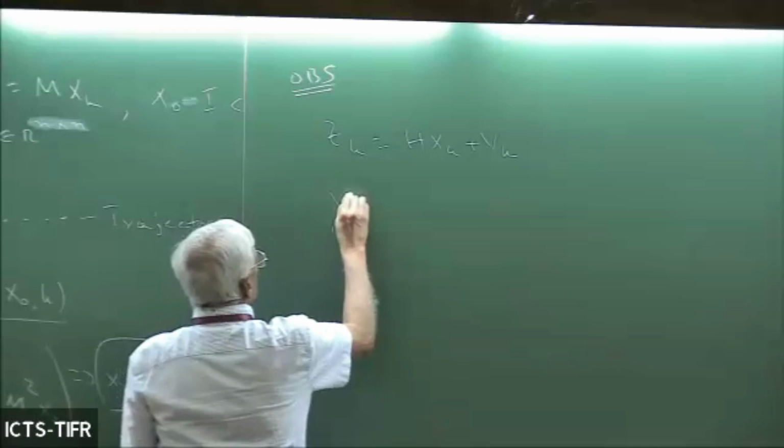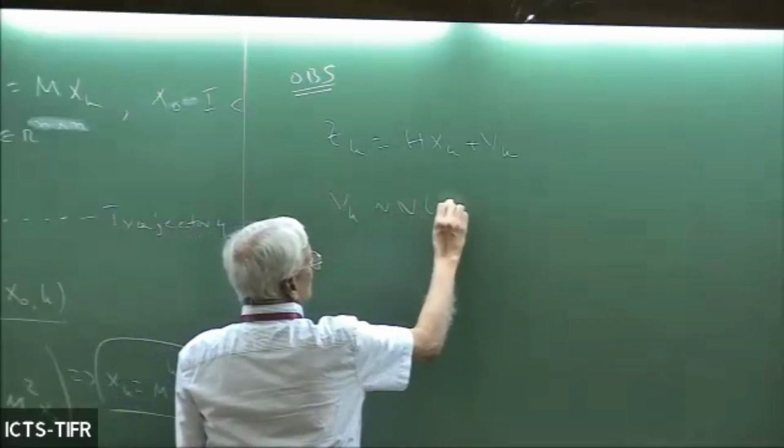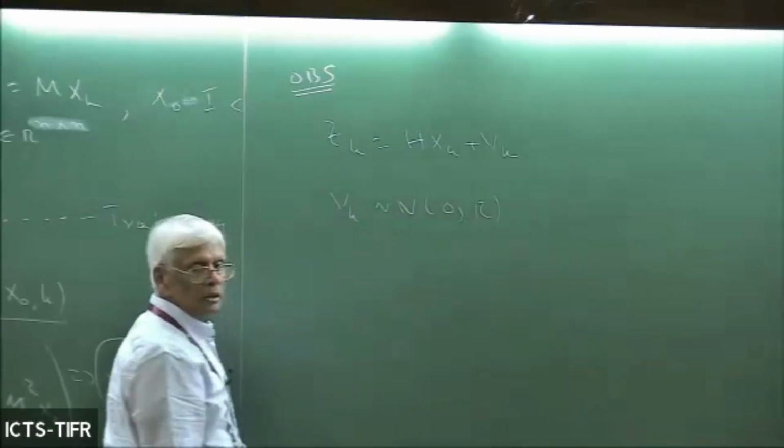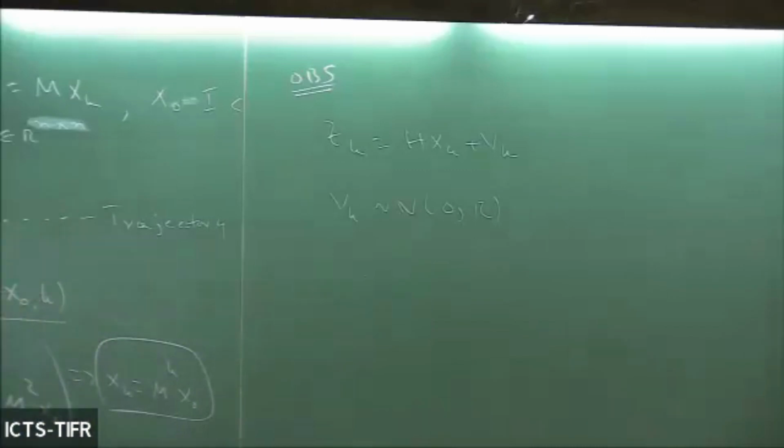But I will also assume Vk is normal with fixed distribution, standard normal with mean zero and covariance R. When R is identity, it becomes standard normal. When R is different from identity, it is normal with the covariance matrix R.